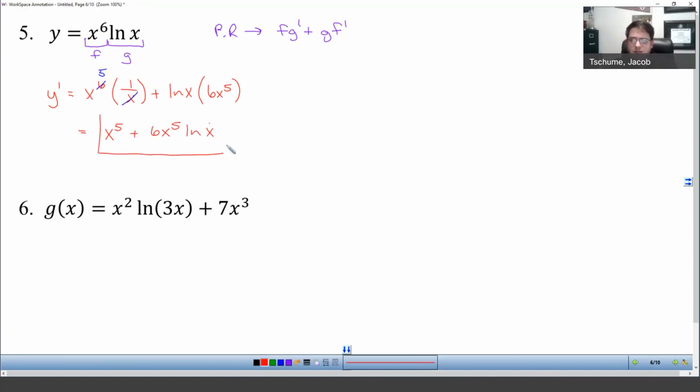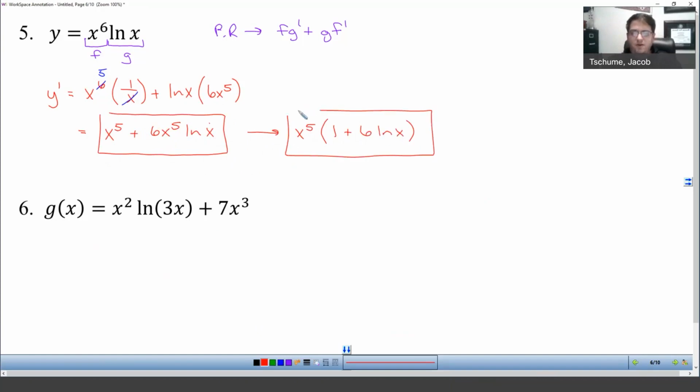Honestly, that's probably a good enough answer right there, but just in case, you could factor this like we did in the E section. They both share an x to the 5th in common, so if you were to factor that out, it would be 1 plus 6 times the natural log of x left over, just in case the homework asks you to put it in fully factored form.